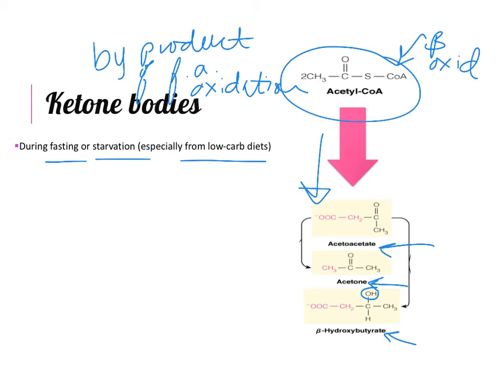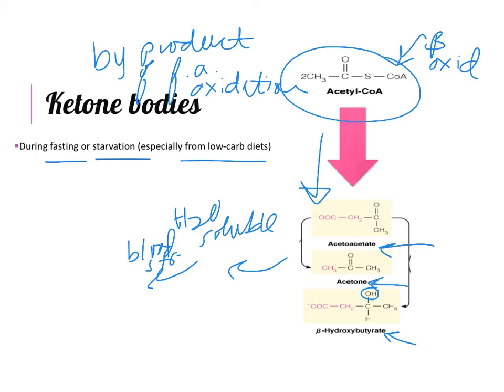And these ketone bodies are particularly blood soluble or water soluble, unlike the fat. So they readily travel through the bloodstream to get to the brain. The heart will also use ketone bodies for energy if it needs it.